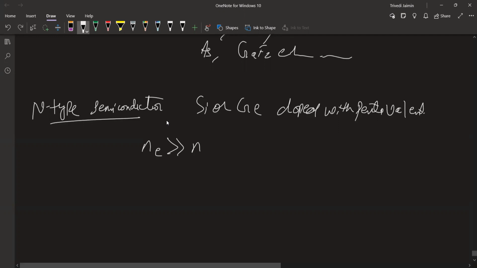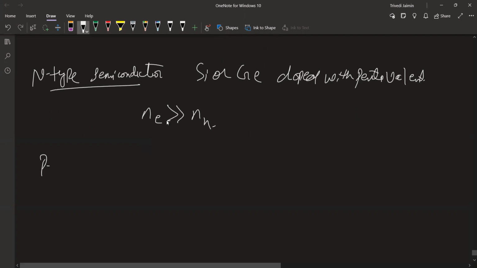These things you know, right? The number of electrons is more than the number of holes. Electrons are majority carriers, holes are minority. These are things you should remember. It will help you in solving some questions.